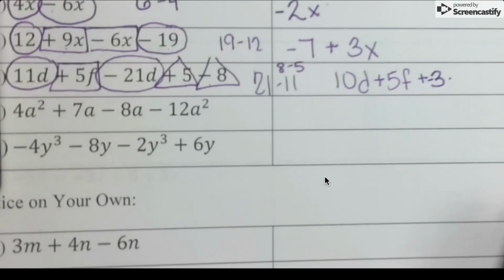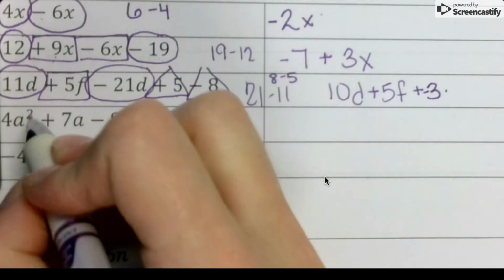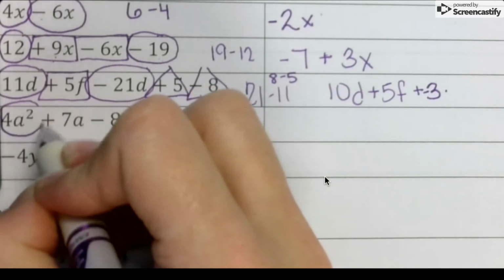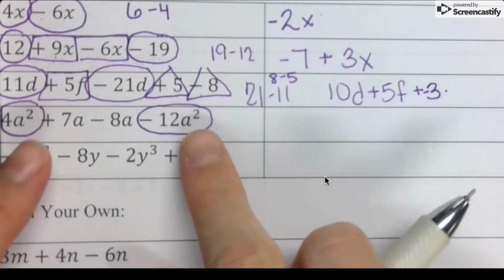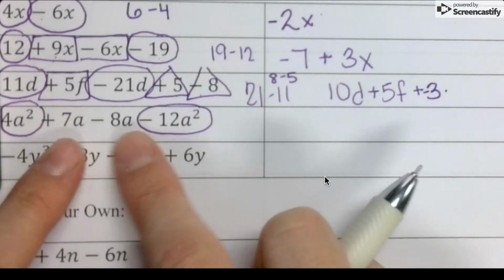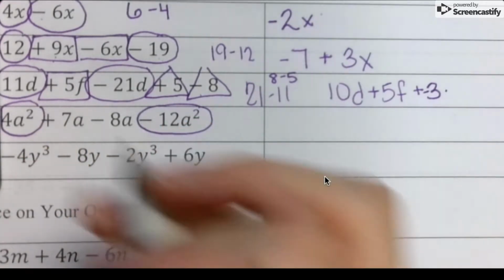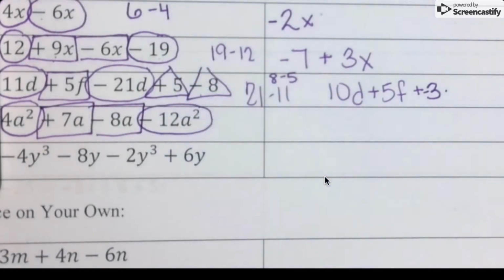Okay? Now for the next one, it gets a little bit harder, right? But again, we've talked about this. This is in a tree with this. You have to have the same exponent and letter in order for it to be in the same tree. So these two are not in this tree. They're in their own tree. So I have 4a squared minus 12a squared.